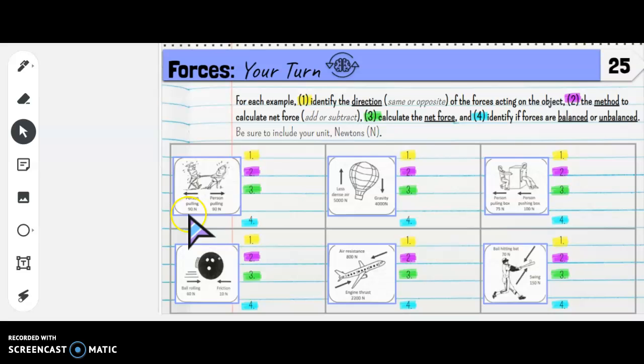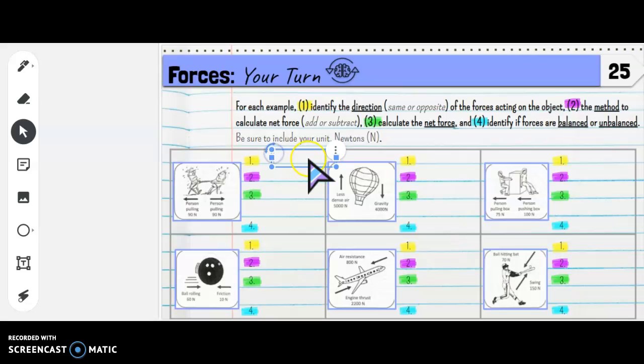So looking at the first example, we're going to identify the direction. So looking at the arrows, I see one is pointing to the left, one is pointing to the right. So they are going in the opposite direction. For the second part, it wants us to write the method to calculate the net force. Since they are in the opposite direction, they are working against each other. So we will subtract. Then for 3, we will calculate the net force.